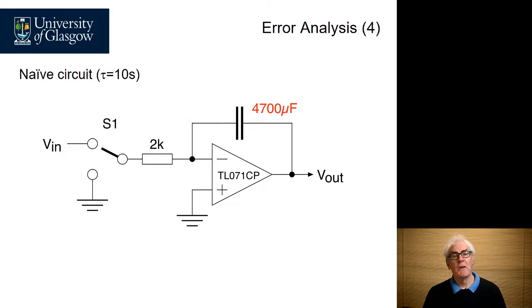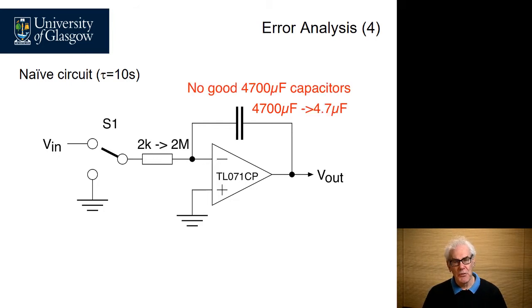So let's go back to our naive circuit. If we want a tau of about 10 seconds, then for a 2 k ohm R, we require a capacitance of about 4,700 microfarads, or 4.7 millifarads. It's really difficult to get high quality 4,700 microfarad capacitors.